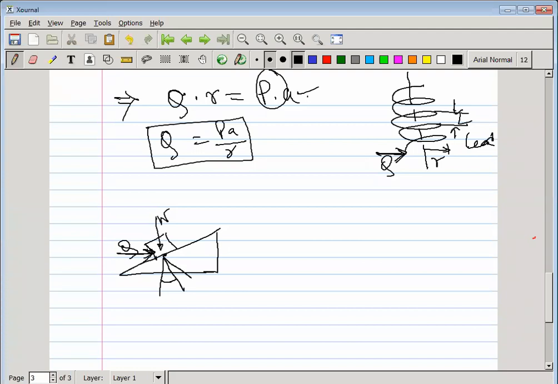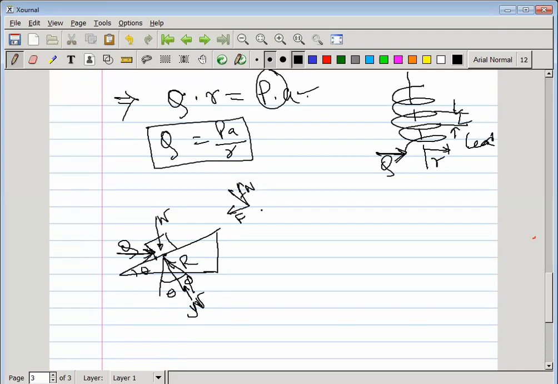This is your theta, this is also theta, and the resultant, here N is acted in this direction. So the resultant is always in which direction? If it is F, if it is N, the resultant should be in this direction. Okay, so this one is your resultant acted at a phi angle.